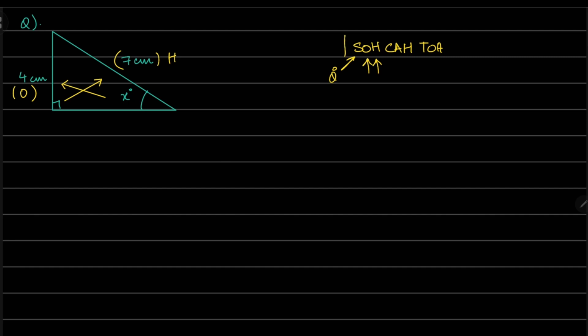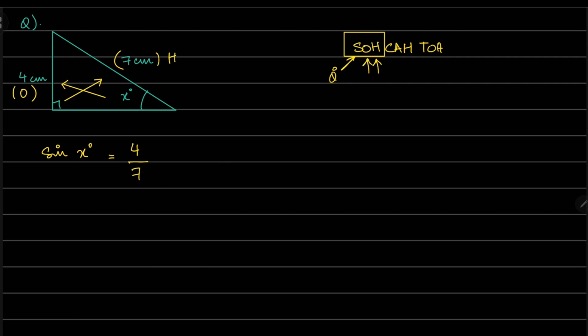So since these three values have been given to you or are being talked about in the question, you'll be using sine in this specific question. So sine x degrees or theta, since it's the angle, will be equal to the opposite, which is 4 divided by 7. Okay, you do the math after that.